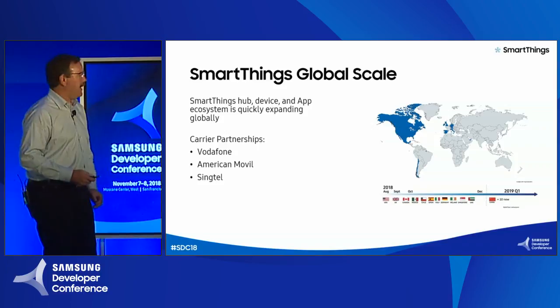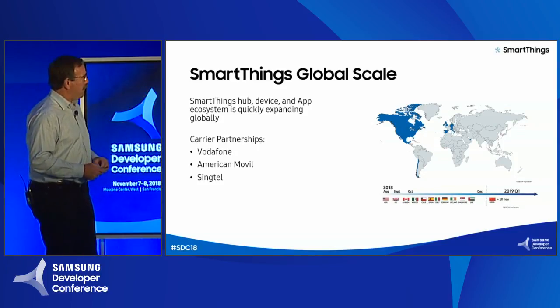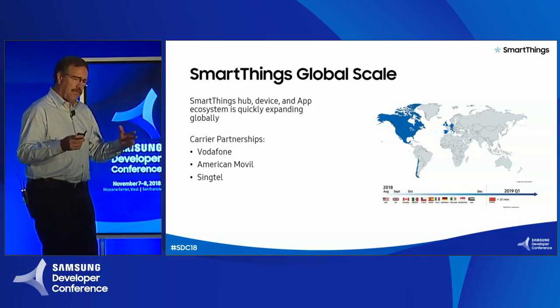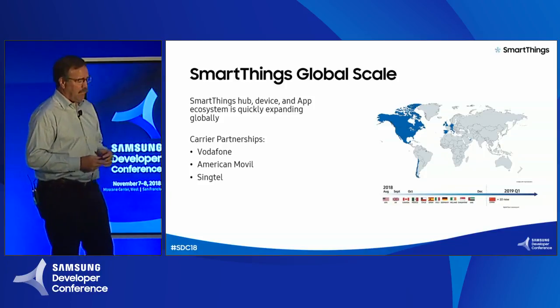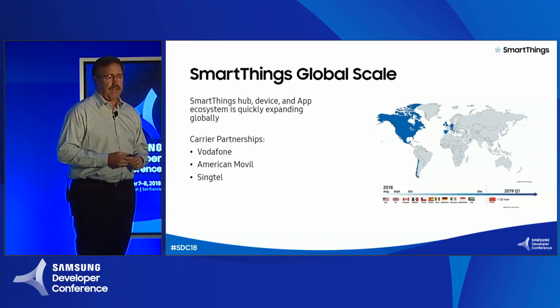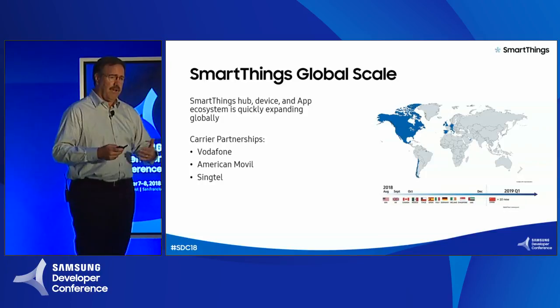That's where SmartThings began. But as we go forward over time, you can see in the blue regions that show up there that we've got more distribution of the entire ecosystem of products that come from retail stores. But we've also got key partners like Vodafone, America Movil, and Singtel, who are also rolling out services and their own solutions around SmartThings.